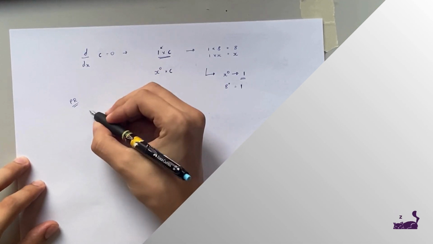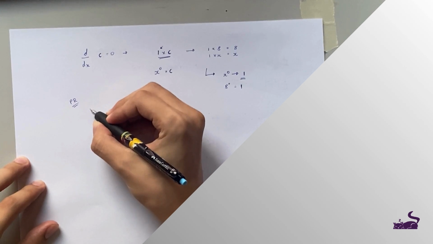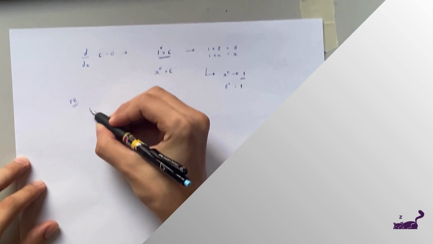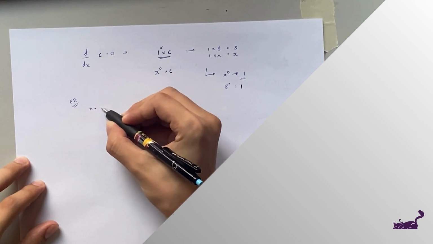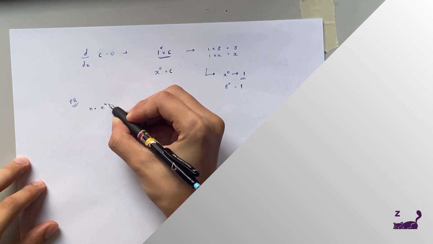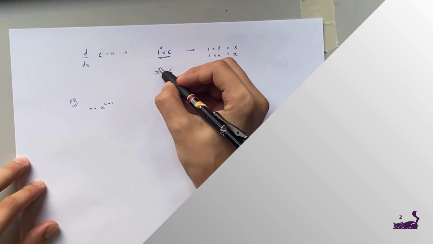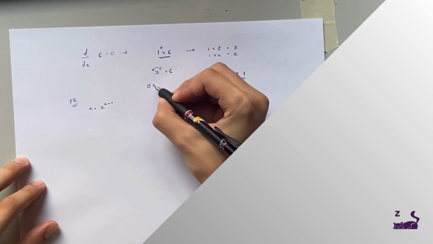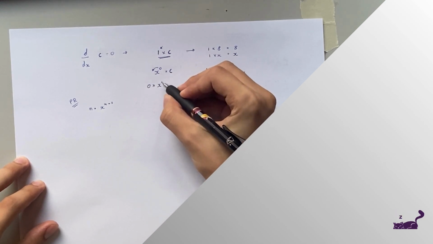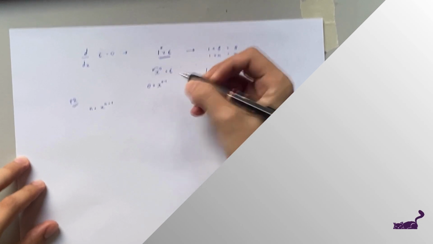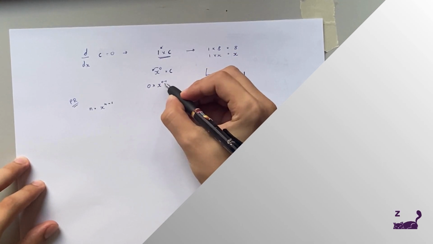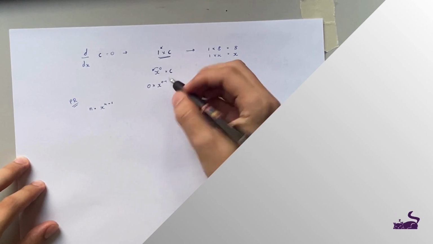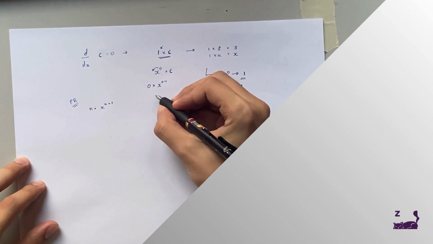But what happens over here is that when we differentiate and there's a power involved, the power will be multiplied by the variable and the power will be subtracted by 1. So in this case, 0 comes down, right? So 0 times x, which is raised to 0 minus 1. Of course, we can solve this section here, but we know any number multiplied by 0 is always 0. So this all becomes 0, right?